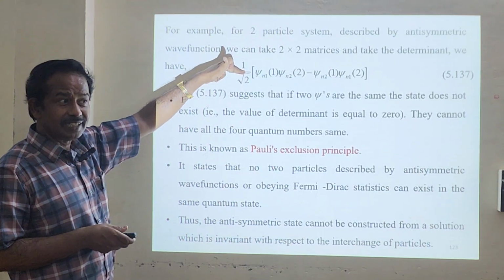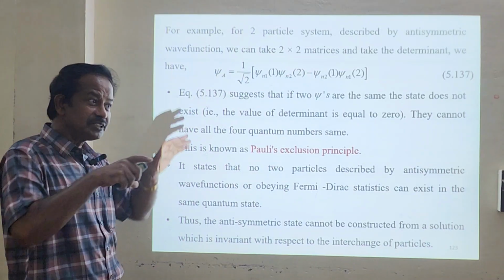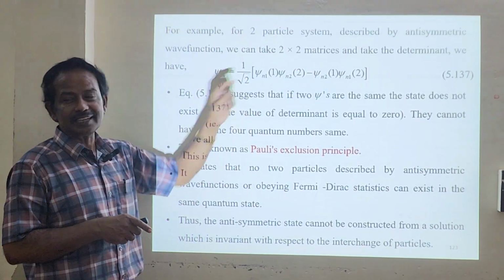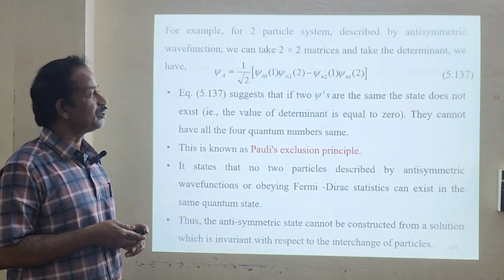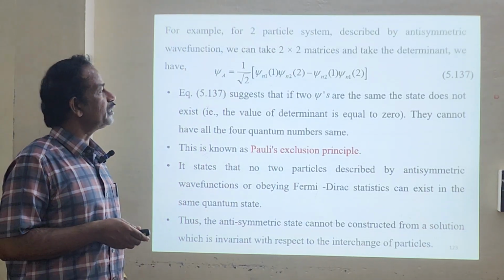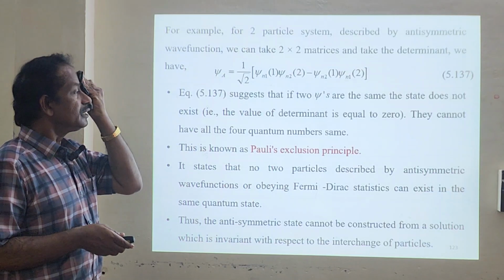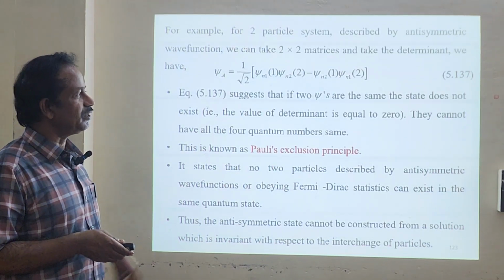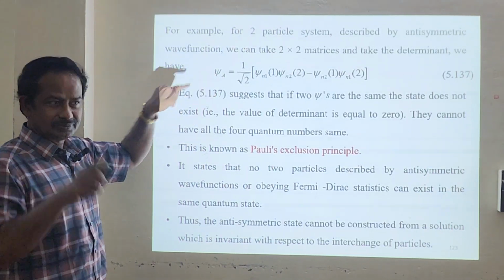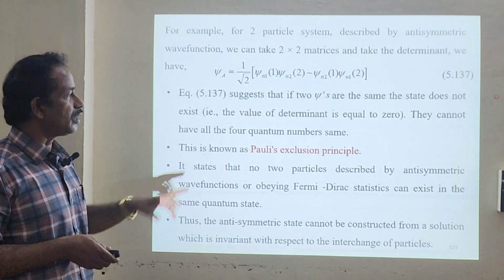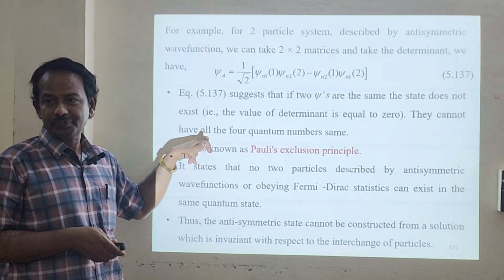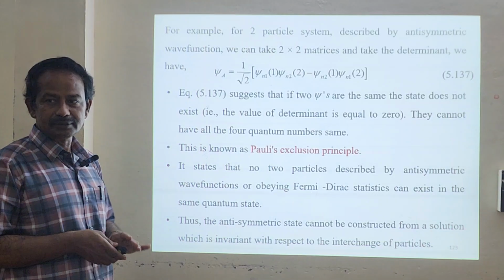So surely this will violate Pauli's exclusion principle. The wave function will exist, whereas this case is not possible. This cannot be equal to 0. So equation 5.137 suggests that if two wave functions are the same, the state does not exist. The value of the determinant is equal to 0. So they cannot have all 4 quantum numbers the same. The set of quantum numbers should not be equal.